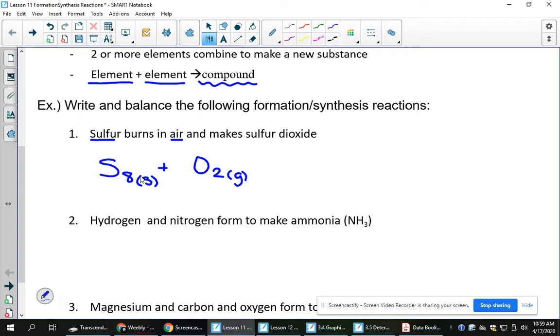Now in equations, where we would put our equal sign, so what we're making, we put an arrow. That's the chemistry equivalent of an equal sign. Now, sulfur dioxide, I'm going to write for you. Lots of you are using prefixes like the di that we have here in your ionic compounds. We skipped over the lesson because of COVID on molecular compounds where you use these prefixes.